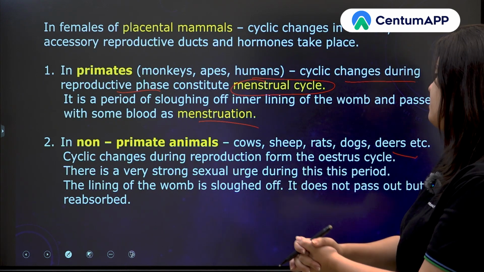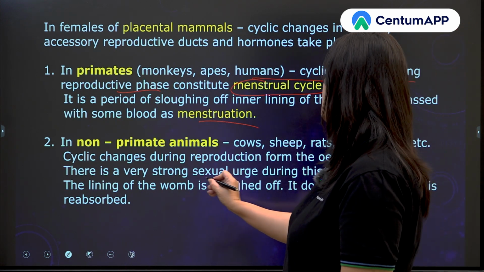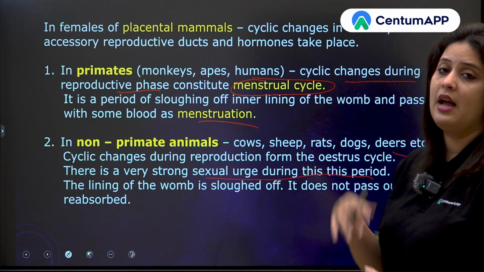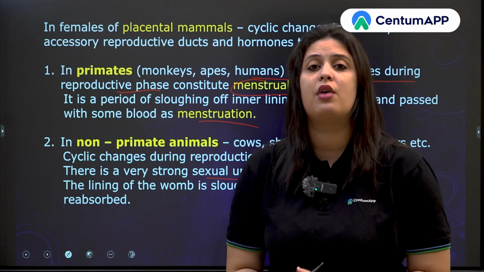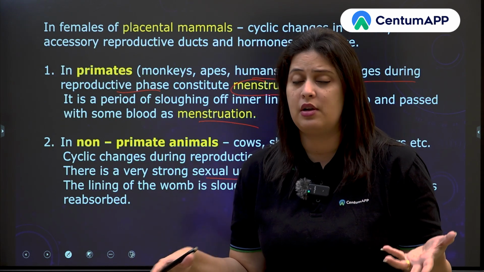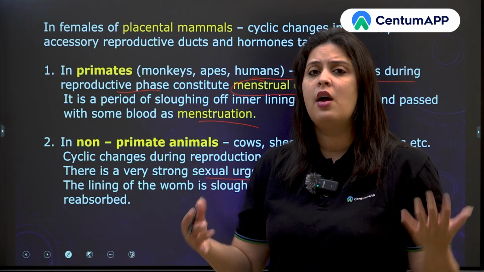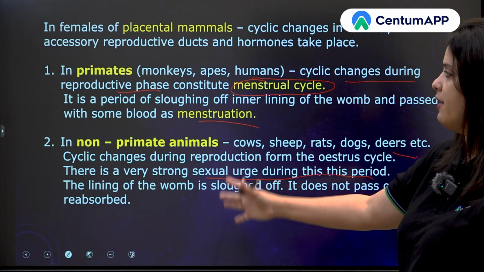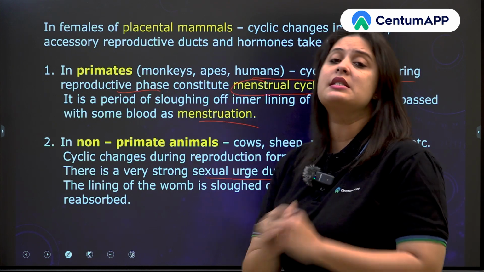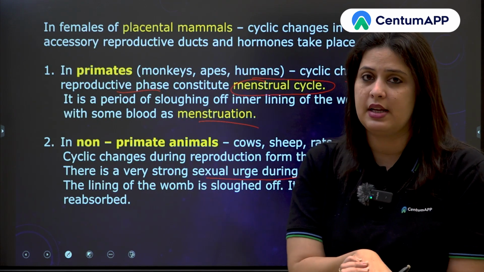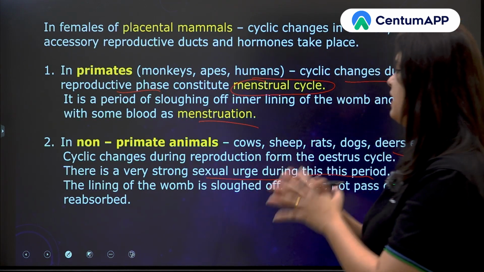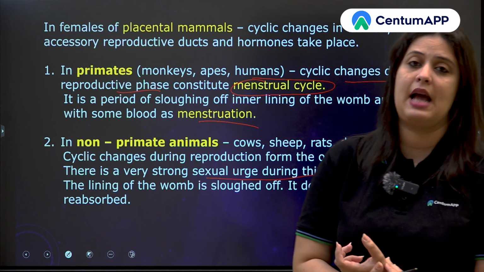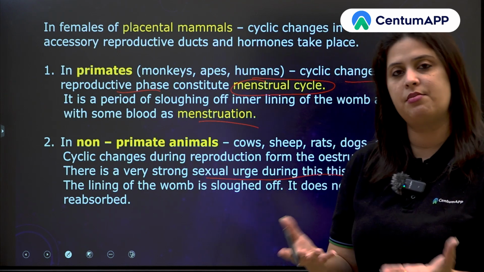But here there is a very strong sexual urge during the estrous cycle, where the lining of the womb is also shed, but it does not come out of the body as menses, whereas it is reabsorbed by the body. Again I repeat, in primates, the menstrual cycle takes place, whereas in non-primates there are cyclic changes happening, but it does not come out as menstruation.